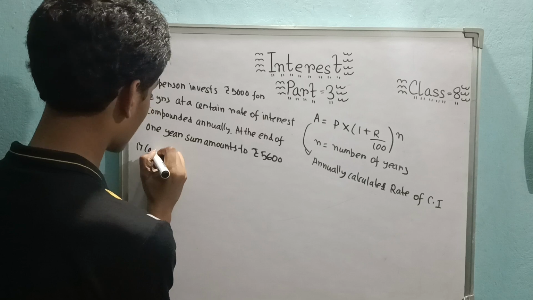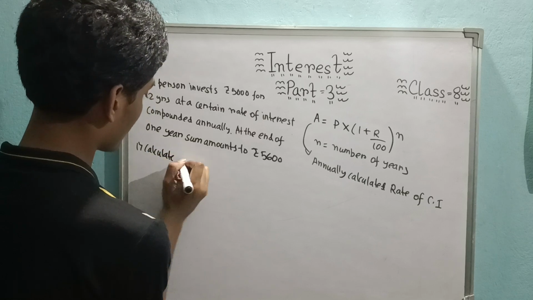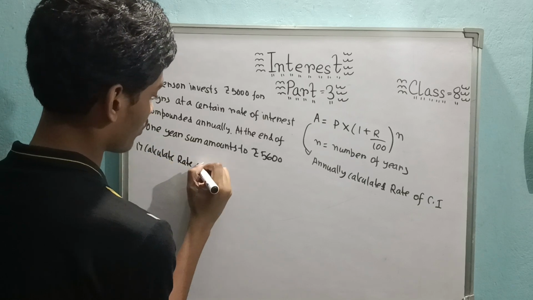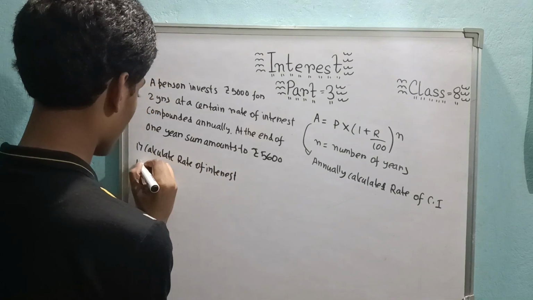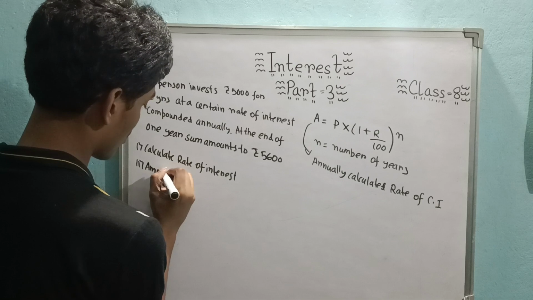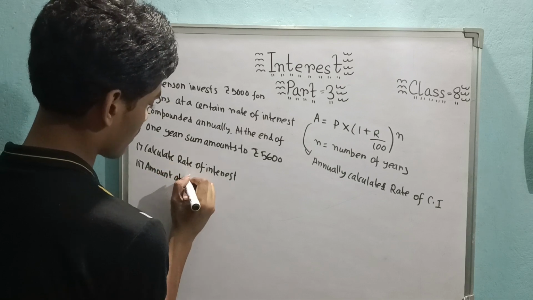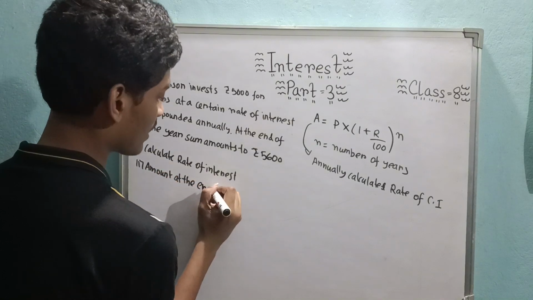First, calculate the rate of interest, then the amount at the end of the second year.